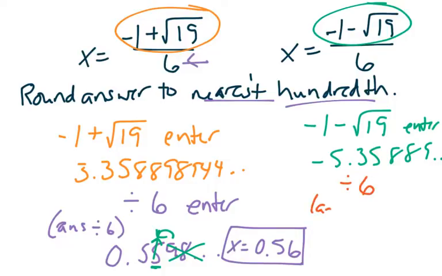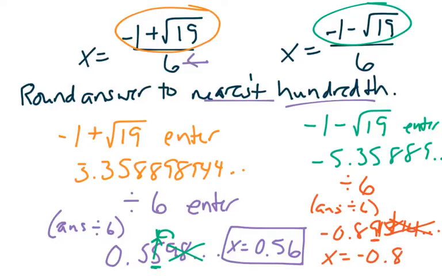Again, you should see something like ANS divided by 6 on your screen. And that gives you negative 0.89314, and it keeps going. But we want the nearest hundredth, so the number after the 9 is 4 or lower, which means we leave the 9 and we don't write anything else. So we get our other answer to be negative 0.89.